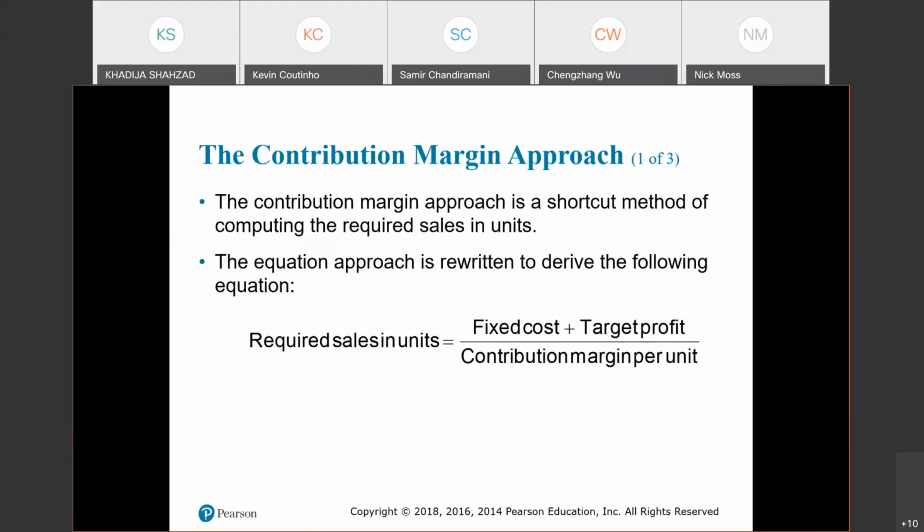The contribution margin approach is a shortcut method of computing the required sales in units. Previously, we proved our answer using the equation approach. We can rewrite the equation approach in this form.